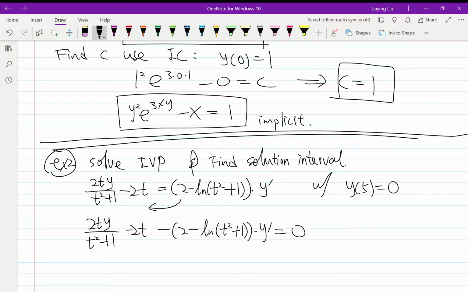Just to make sure we have 0 here. And I don't like to have a negative here, I want that to be positive. So you take the negative and bring it inside the parentheses. Or, if you want, you can multiply the equation by negative 1. That's fine. But I'm going to move the negative inside so that this becomes negative and that becomes positive.